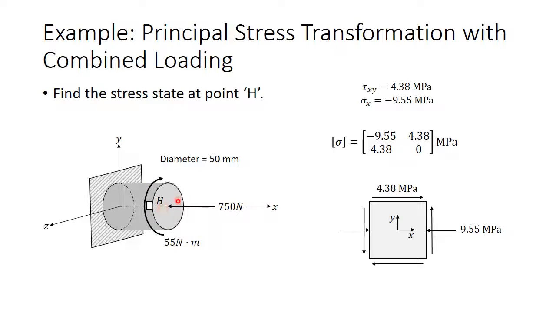And because this is the positive surface and it is going in the positive y direction, it will be a positive shear stress. If it was on the other side, it would be negative.